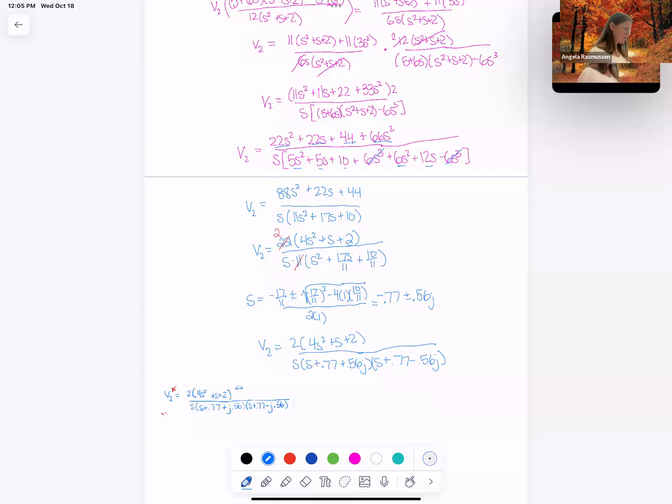Got a different first number. I got 1.54 divided by 2. I think I forgot to divide it by 2. Yeah, 0.77. Okay, so that does work out to be correct.